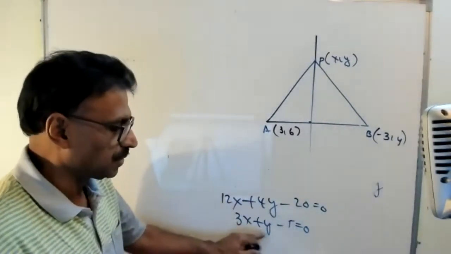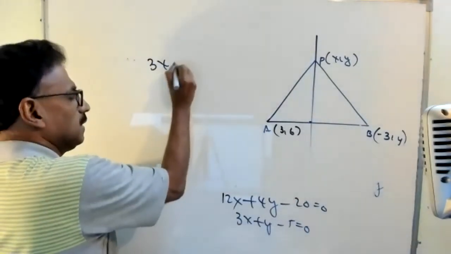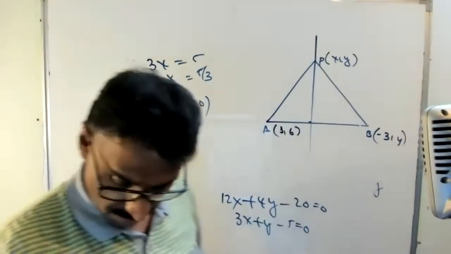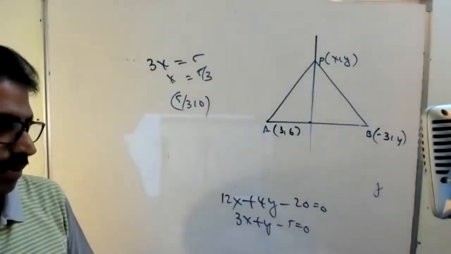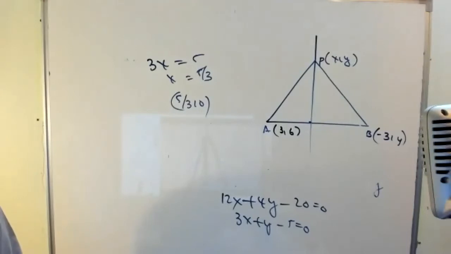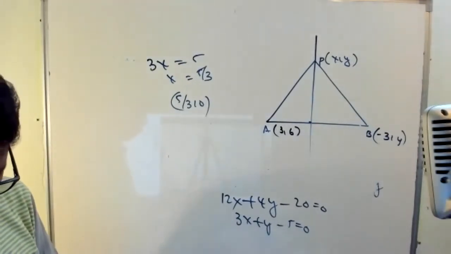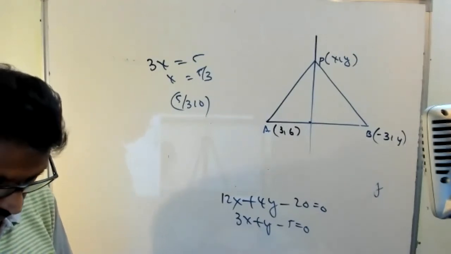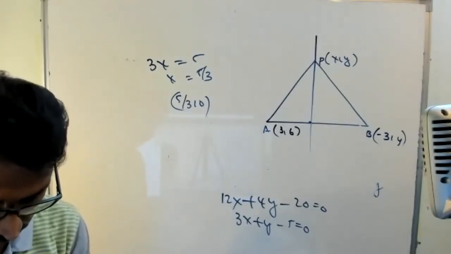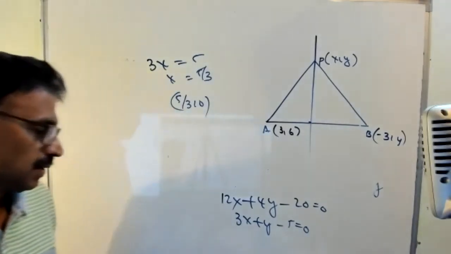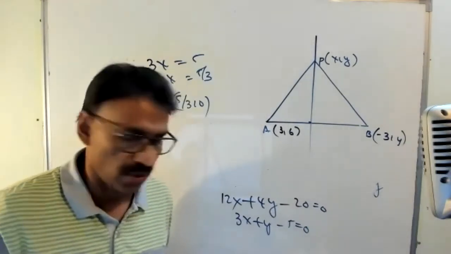So write 3x plus y minus 5 equal to 0 intersecting the x-axis.